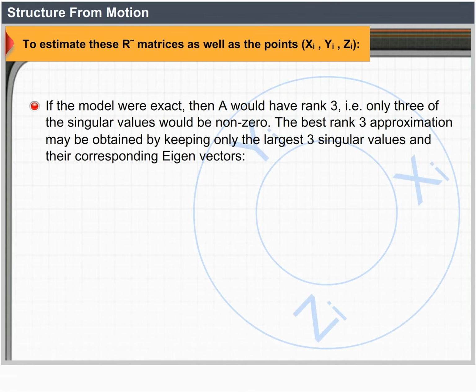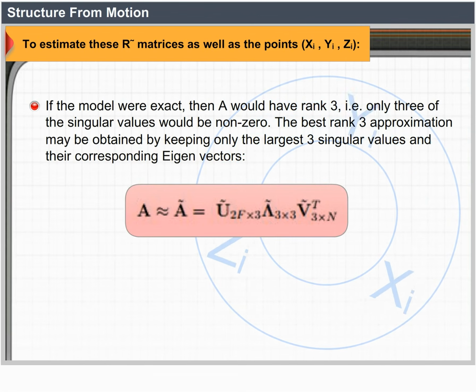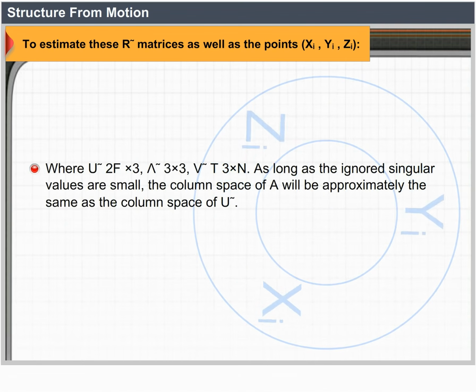The best rank 3 approximation may be obtained by keeping only the largest 3 singular values and their corresponding eigenvectors, as shown, where U dash is a 2F by 3 matrix, Σ dash is a 3 cross 3 matrix and V to the power t dash is a 3 cross N matrix.